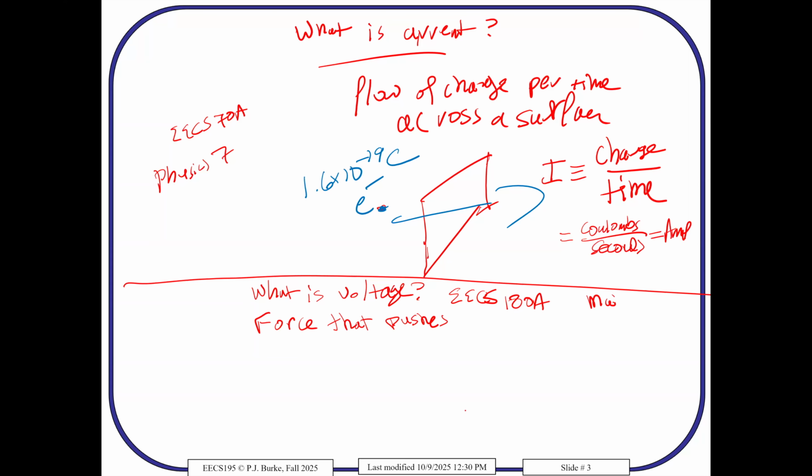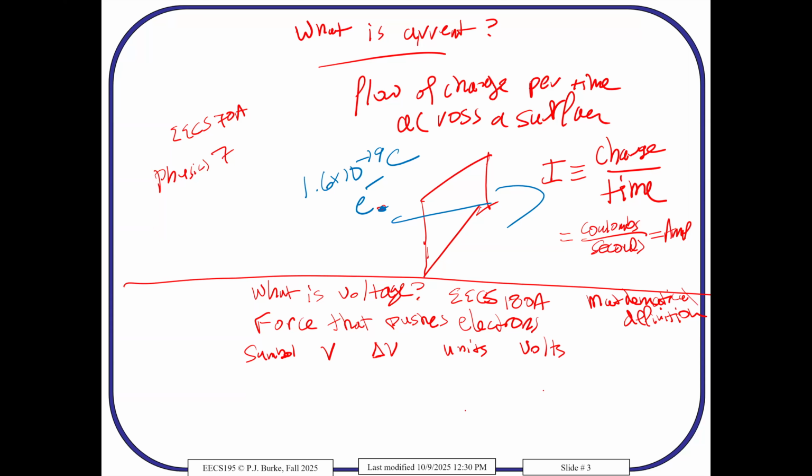EECS 178A will give you the mathematical definition, but we're going to just go quickly through it. So it's the force that pushes electrons, okay? In order to get electrons to flow in a wire, you have to have some force on them. If there's no force, they're going to stay still. There'll be no current. So voltage is like the force that pushes the electrons through the wire. And that's all you need to know mostly for this class. So the symbol is V or delta V, potential difference, and the units are volts.